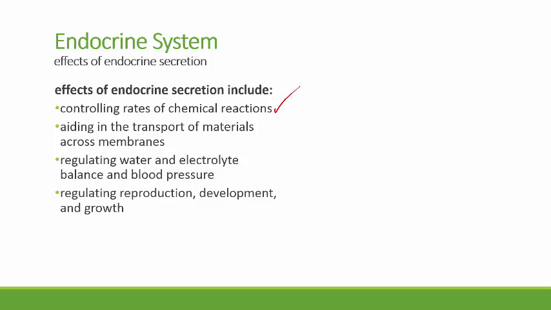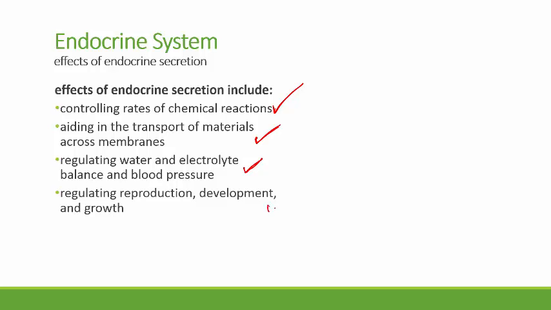So there's the ability to control the rates of chemical reactions, to increase metabolic rate or slow it down, to produce mechanisms that will move materials across a cell membrane, either into a cell or out of a cell, or across a membrane within the cell. We see lots of homeostasis around electrolytes and around blood pressure, thanks to hormonal secretions.